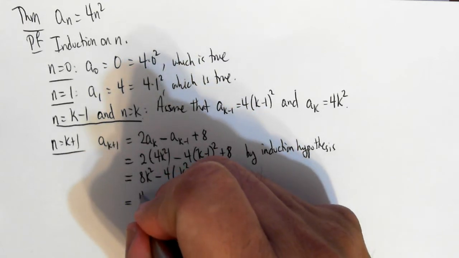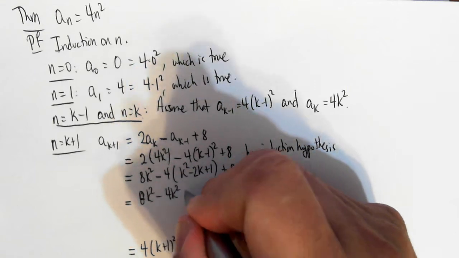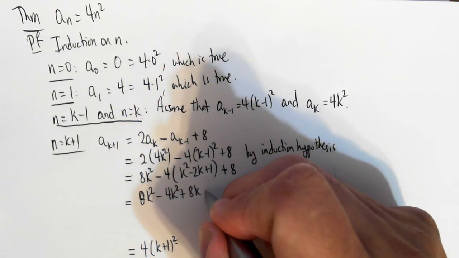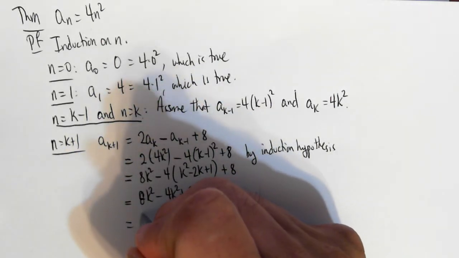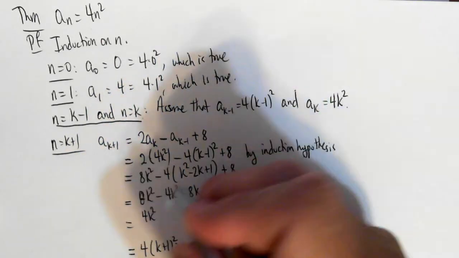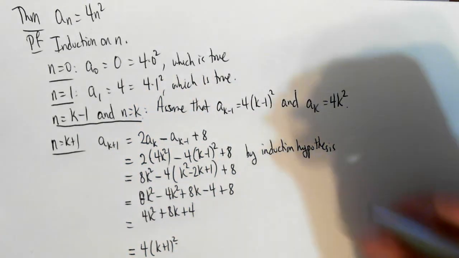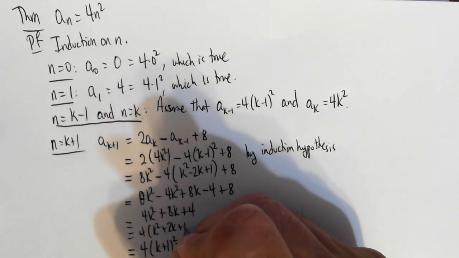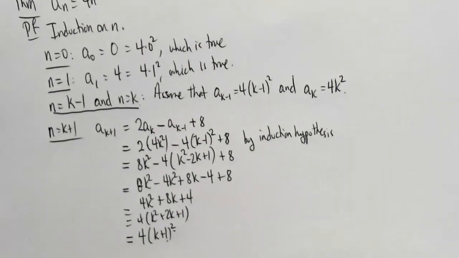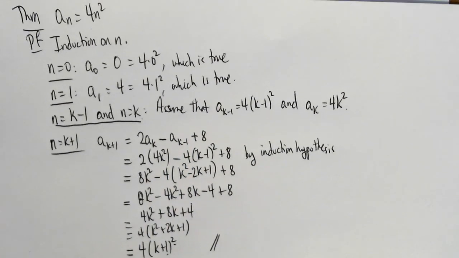And so that's equal to 8k squared minus 4k squared plus 8k minus 4 plus 8, which is going to be 4k squared plus 8k plus 4. Then I can factor the 4 out: k squared plus 2k plus 1, which is my target, 4 times k plus 1 squared. And so that is the end of the proof that a sub n is indeed equal to 4n squared.